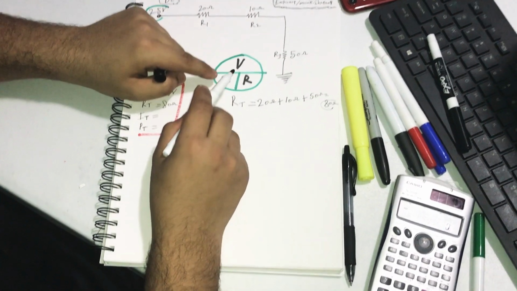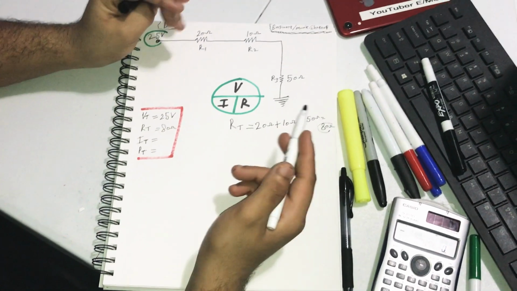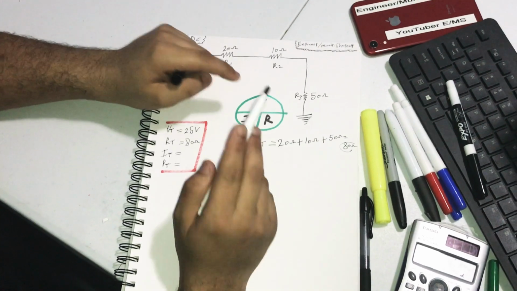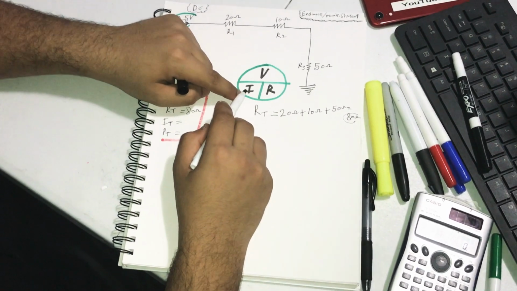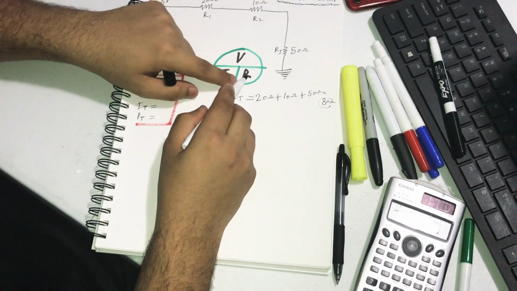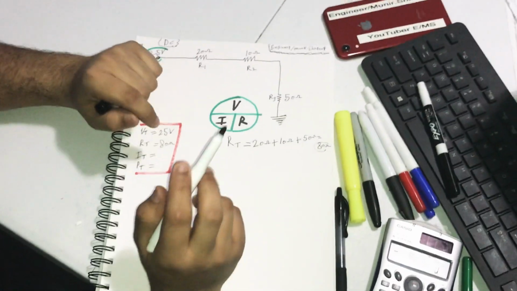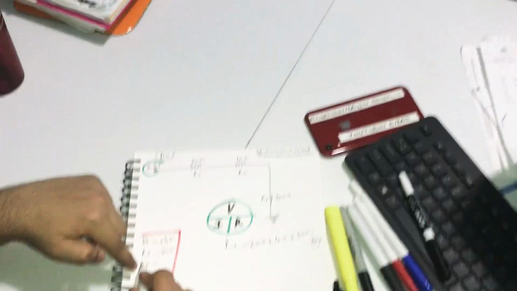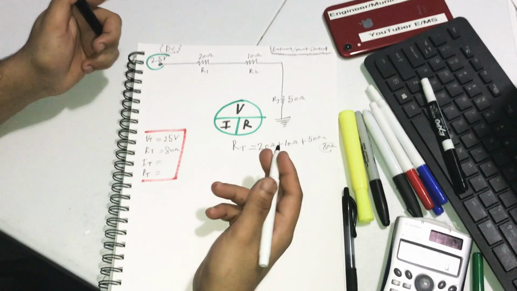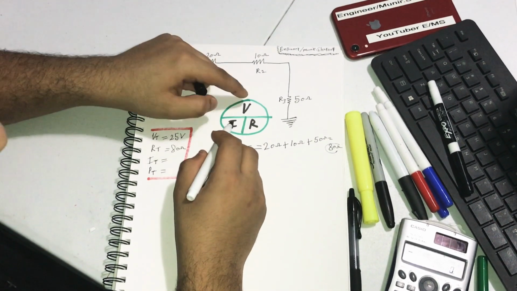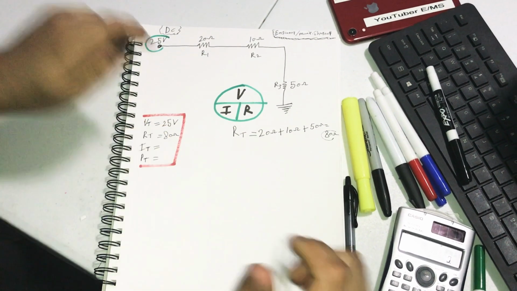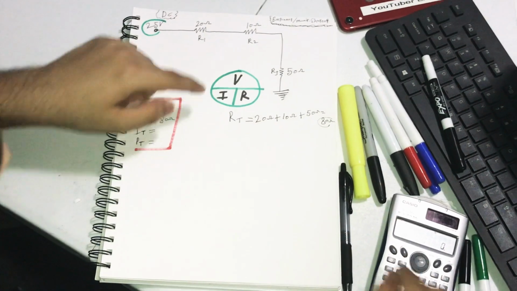If you have an exam and they ask you to find the total volts, you put the total current times the resistance. But right now, we need to find the total amps, the current, so we put the volts divided by the resistance. I hope you understand this one.